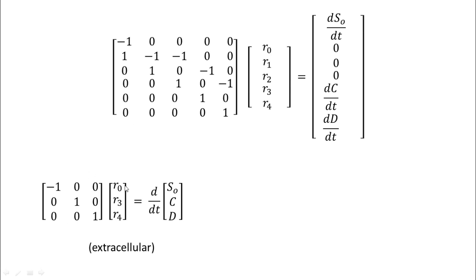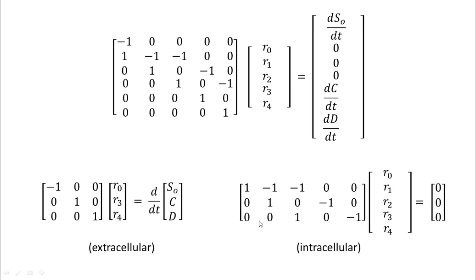I've just taken R0, R3 and R4 and written the stoichiometric matrix from this part which is relevant to that, to give us d/dt of S0, C and D, and this is for the extracellular part. The extracellular part is this: -1 0 0, 0 1 0 and 0 0 1, corresponding to R0, R3 and R4, and they correspond on this side to d/dt of S0, C and D.